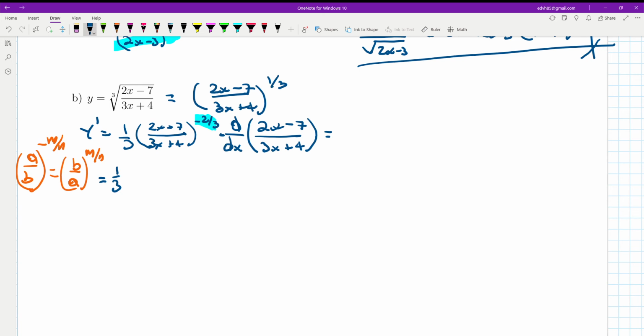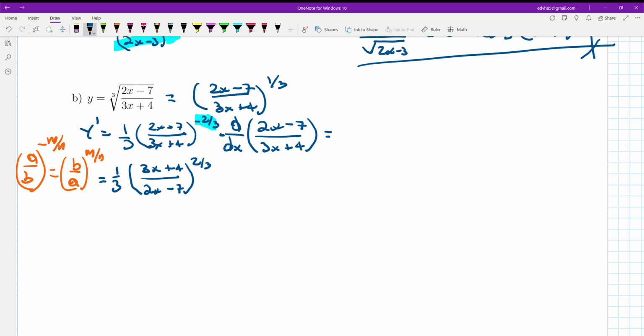So I'm going to multiply by 3x plus 4 over 2x minus 7, the whole thing, instead of negative 2/3, that's positive 2/3.